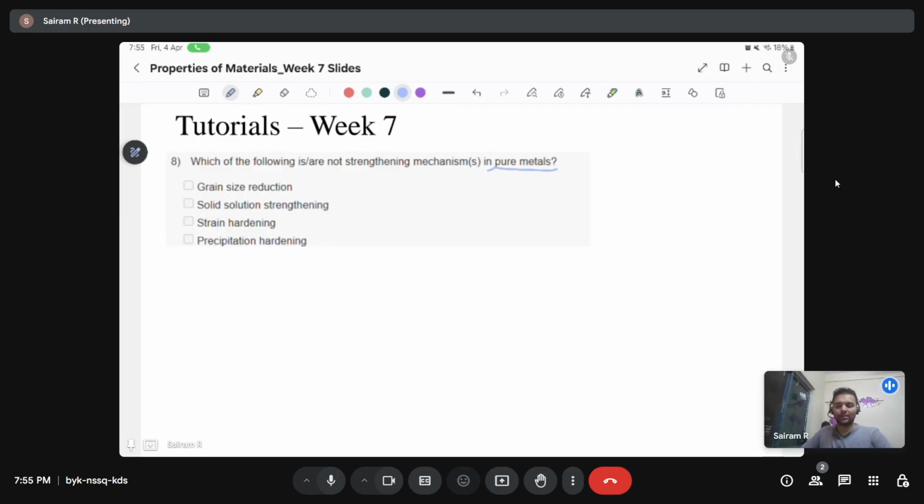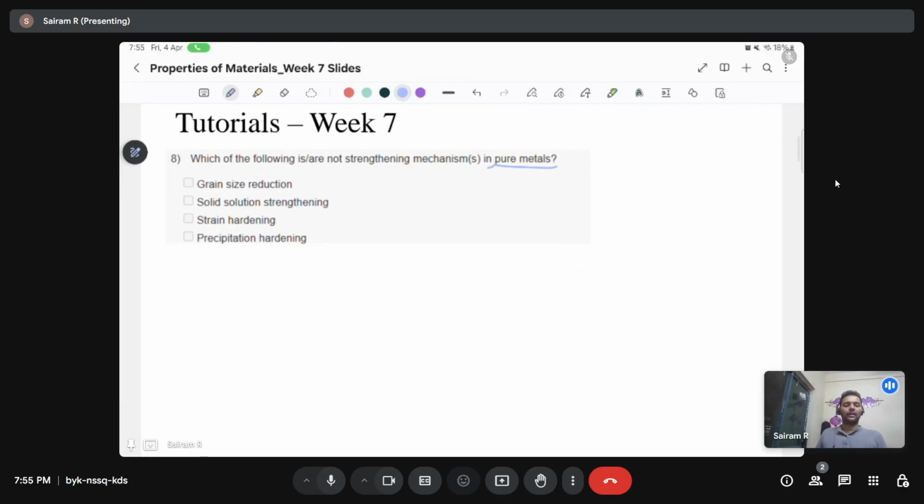The Hall-Petch relation has nothing to do with whether it's an AA bond, an AB bond, or a BB bond. It has no correlation with that. Same thing with strain hardening as well. It is purely a material dependent property.